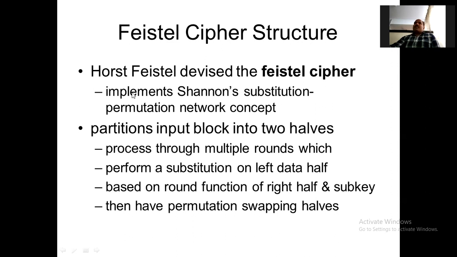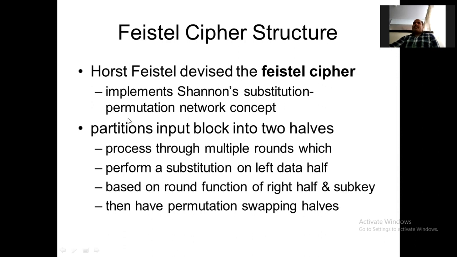Whatever was suggested by Claude Shannon, in the Feistel structure we use substitution and partition the input block into two halves.